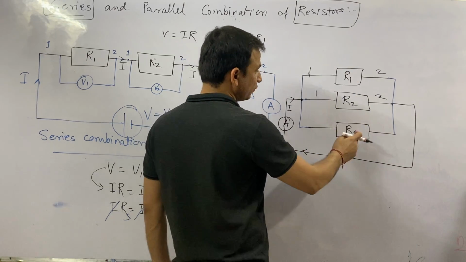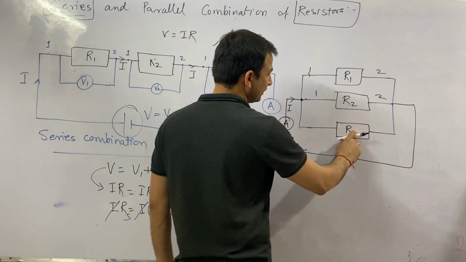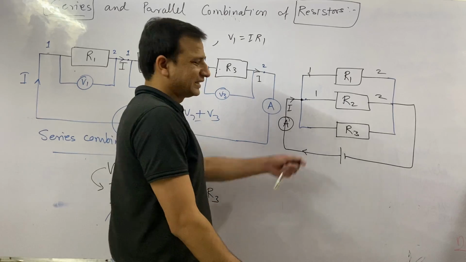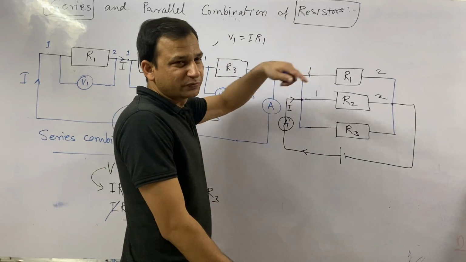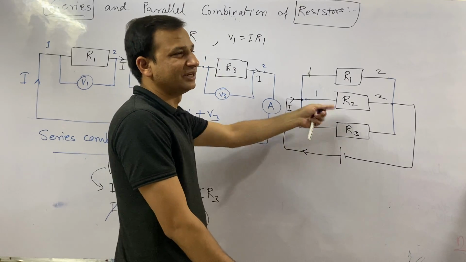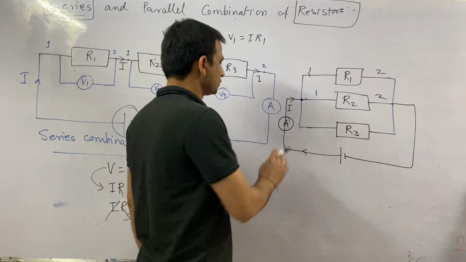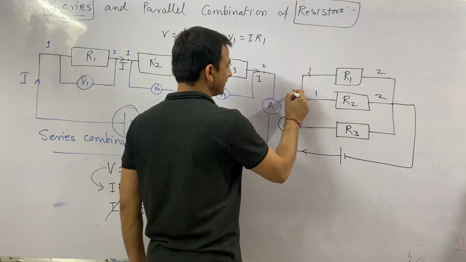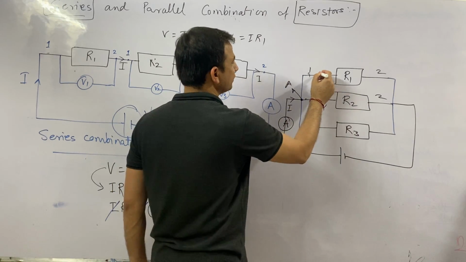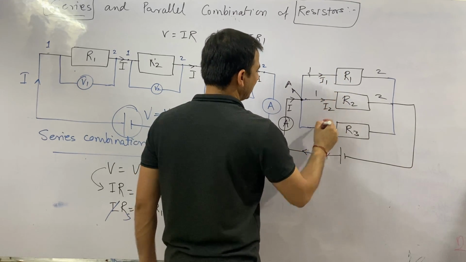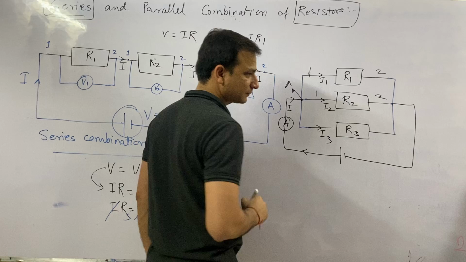And see, in the figure here I have written R4, it should be R3. But that doesn't matter, because R4, R5, anything I can write as long as I'm naming it properly. So the current I which is flowing here and reaching at point A will get divided into 3 parts, and let's say that is I1, I2 and I3.